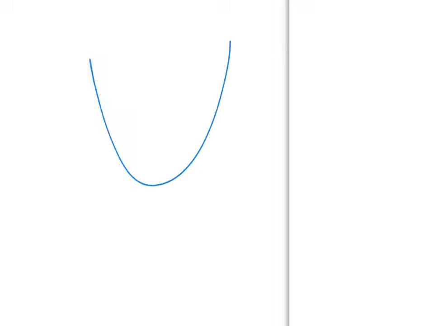Some of you had this question: is a parabola at 0, let's say it looks like that, differentiable? Let's think about it. At that lowest point, which is the absolute minimum, first of all, is it continuous, everybody? Yes. Second, is it differentiable? Can I draw a tangent line through it? Yes, you can.